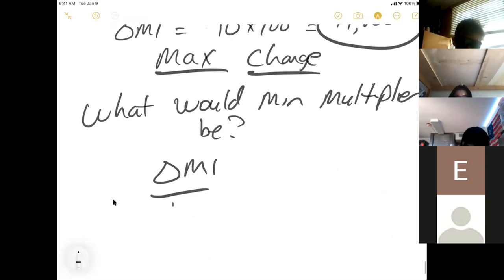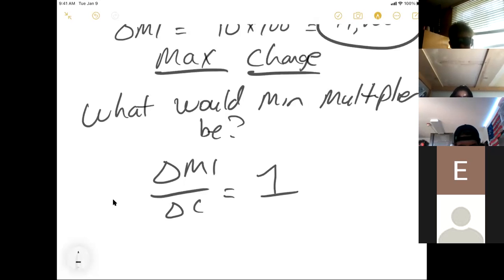Anybody have any guesses? No change. Well, there still would be a change, but it wouldn't be any greater than the initial change by the Fed. In other words, the minimum multiplier would just be 1.